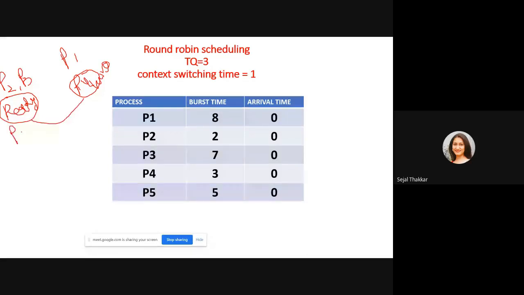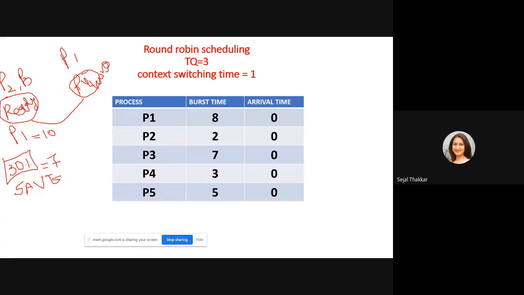For example, suppose P1 has a burst time equal to 10. After 3 units, P1 has completed 30% of execution, and that is saved into the ready queue. So remaining 70% we have to execute. This is the saving of the state of P1.